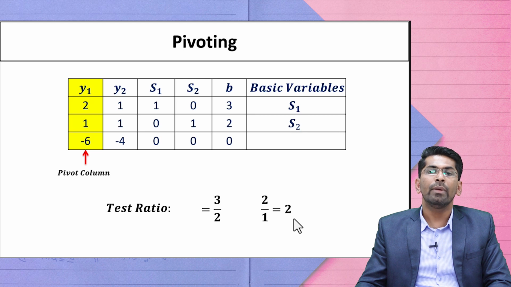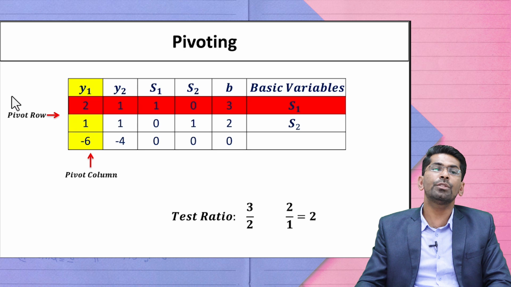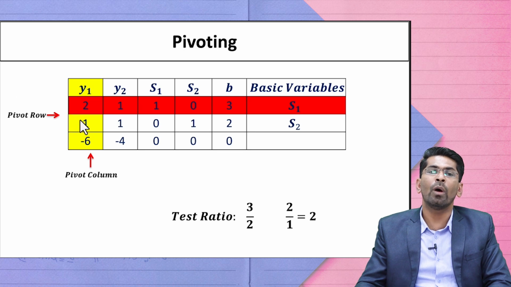After finding the test ratios, the smallest positive value here is 3 by 2, and this corresponds to the first row in the given tableau. So the first row will be considered the pivot row, and I am marking it in red. The smallest non-negative value in the test ratio, here 3 by 2, gives our pivot row.